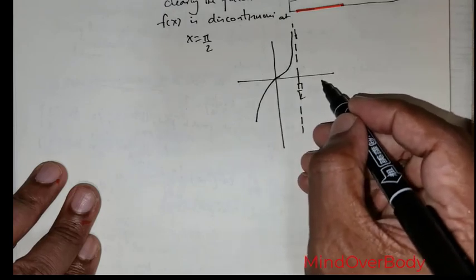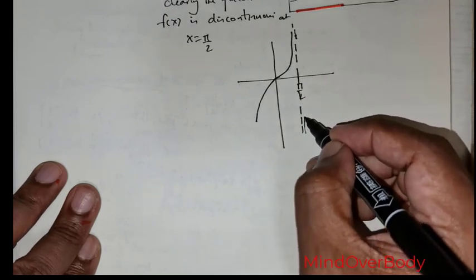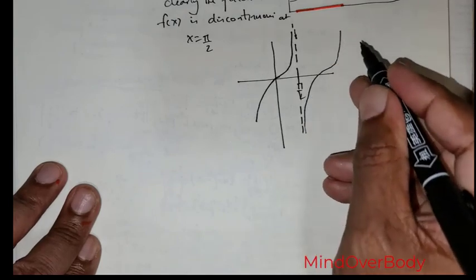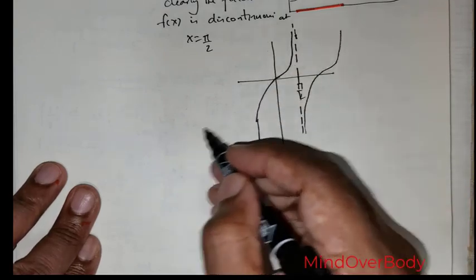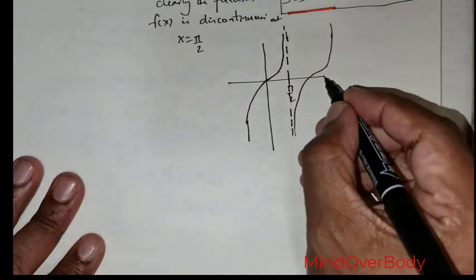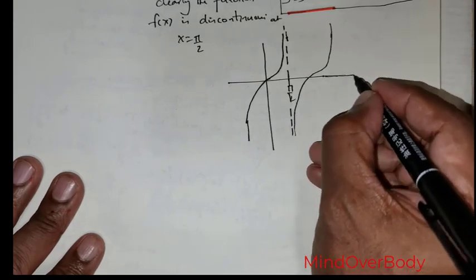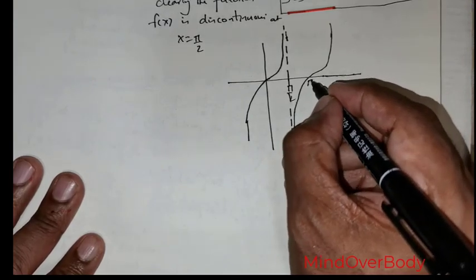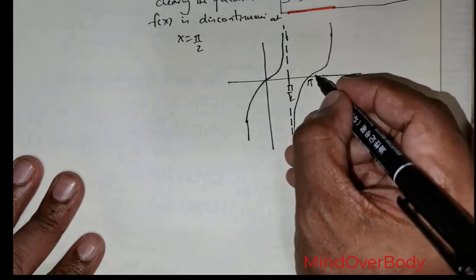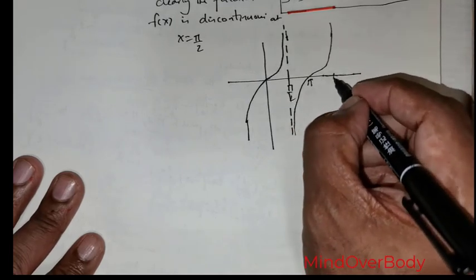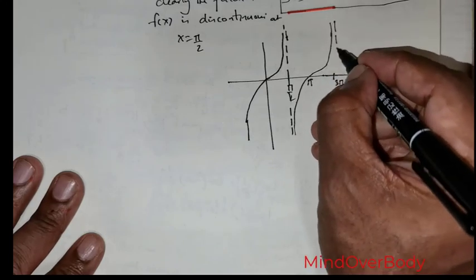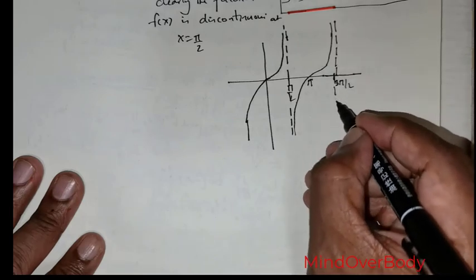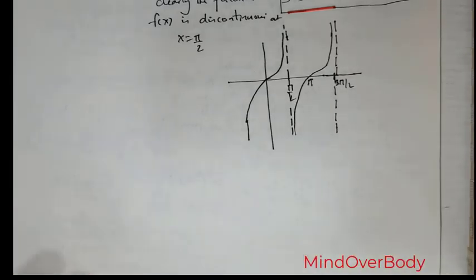For the right hand side, the graph would come like this and move like this. This is a rough graph. If I stretch this, this point is going to be pi, so there is an intersection at pi, and this one would be 3 pi over 2. So I have to have an asymptote there. This is roughly the graph of tan x.